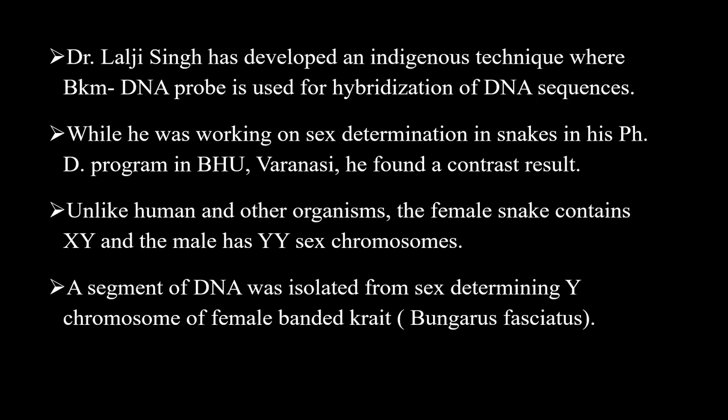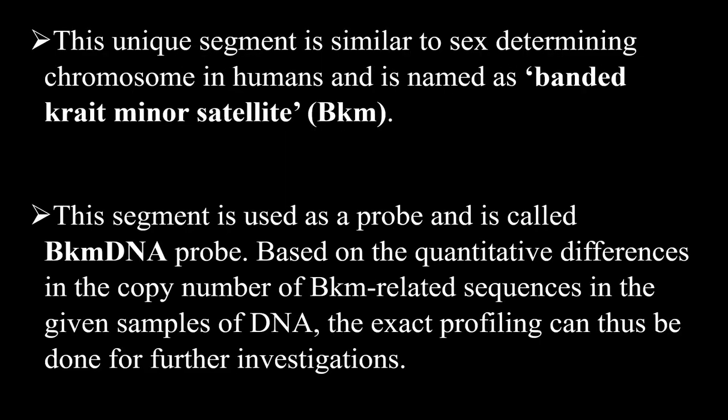Unlike human and other organisms, the female snake contains XY, whereas the male has YY sex chromosomes. A segment of DNA was isolated from sex determining Y chromosome of the female banded krait. This unique segment is similar to sex determining chromosome in humans and is named as banded krait minor satellite, that is BKM.